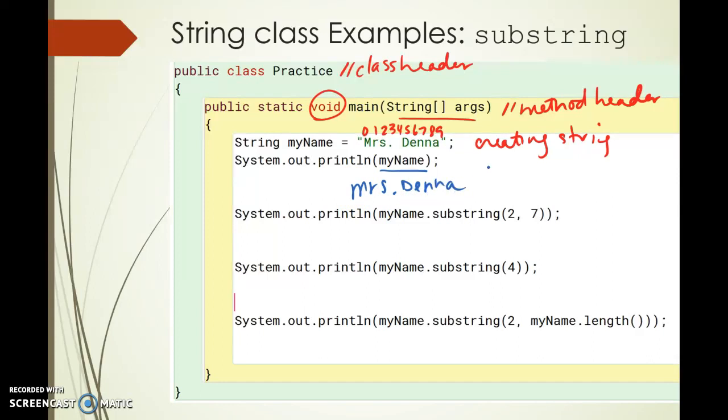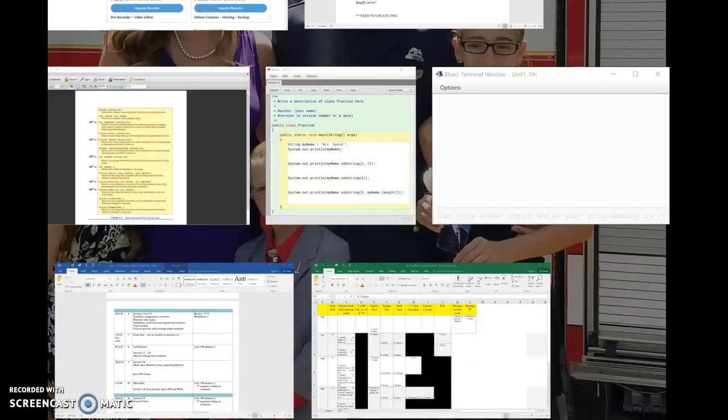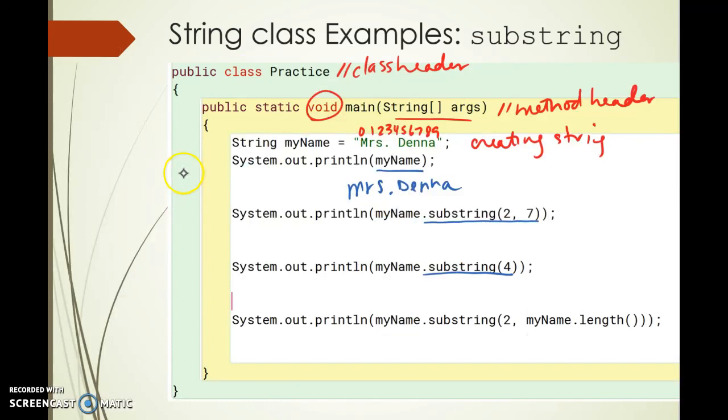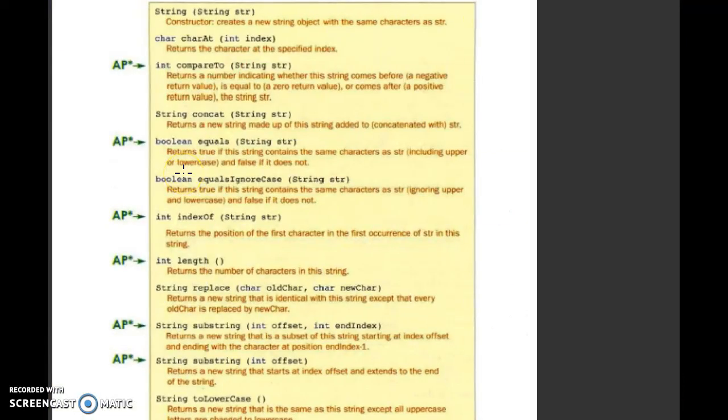Now, if we look at these next two lines, we will see dot substring with 2 parameters and dot substring with 1 parameter. Okay, let's take a look at how the substring method works. If we pull up that extra handout that I mentioned to you, which I have right here, we can see several different methods that are available to us.